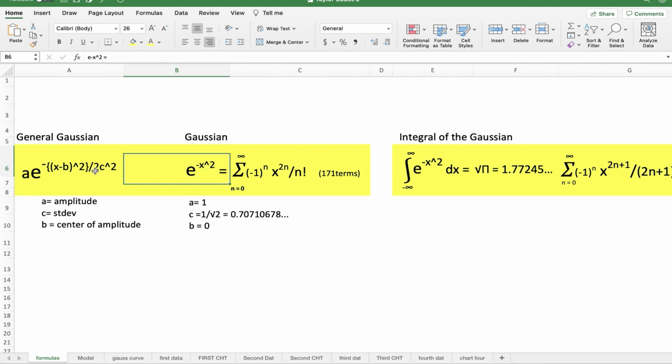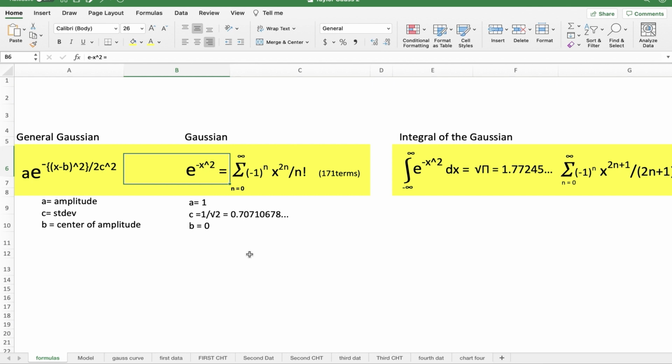And in order to achieve 1 with C, you have to have 1 over the square root of 2. So that's 0.707 for this particular form of the Gaussian curve, and B equals 0, so it's centered on x equals 0.